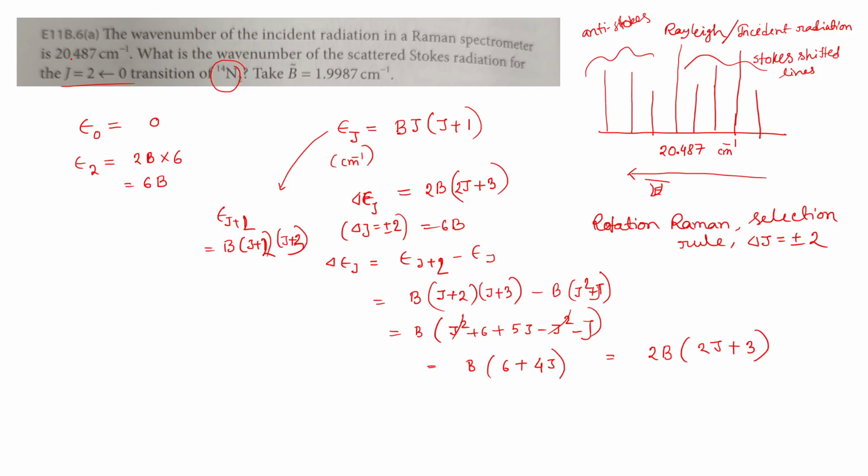Because if it was 0 to 0, there should not be a shift, but as it is Stokes shifted, I told you that the scattered light will have lesser energy than the incident light, and the first line 0 to 2 will be at a distance 6B lesser than that of the incident line in the centimeter inverse scale.